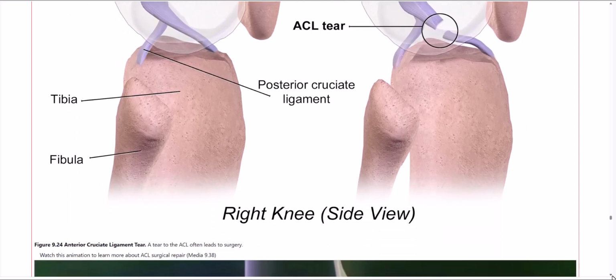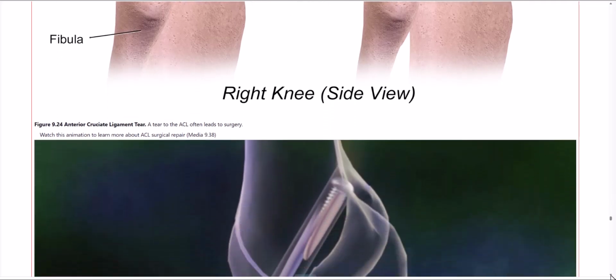Like all ligamental injuries, surgery is required typically if there's a significant injury, and repair is slow and laborious because, as you all remember, ligaments are made of dense regular connective tissue, and because they are almost avascular, not completely, but almost avascular, they are very, very slow to repair.